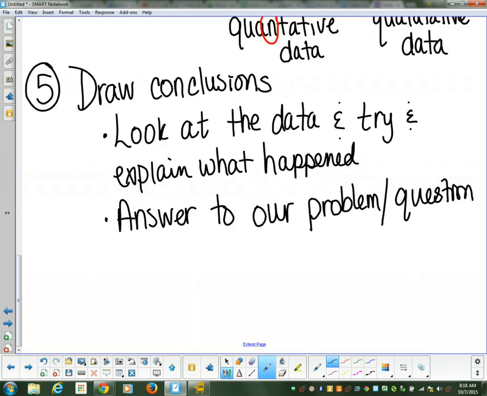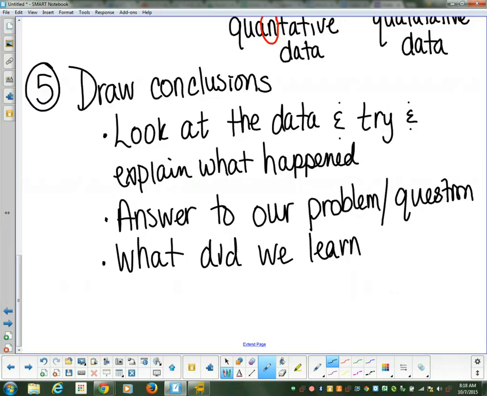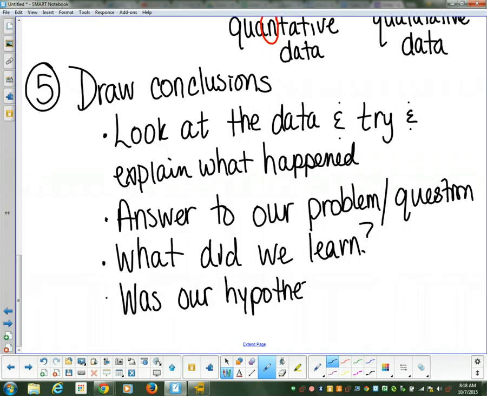And it also tells us, what did we learn? And was our hypothesis correct or incorrect?